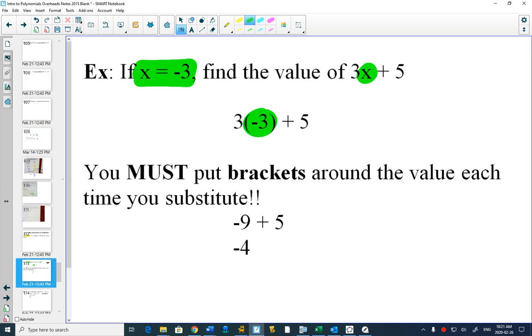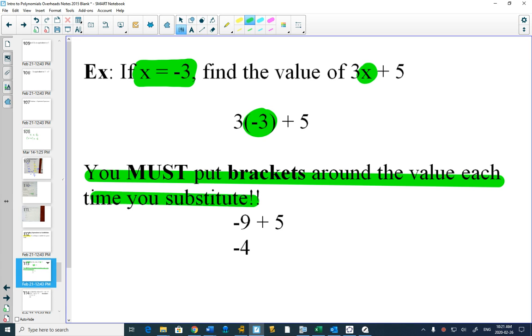And I have a note here that we want to put brackets around the value when we put it in. That makes sure that we do the right operations. Because what does it mean here when you have 3 and then bracket -3? It means multiplication. Would you agree that when we were writing things out before that this meant multiplication, 3 times x?